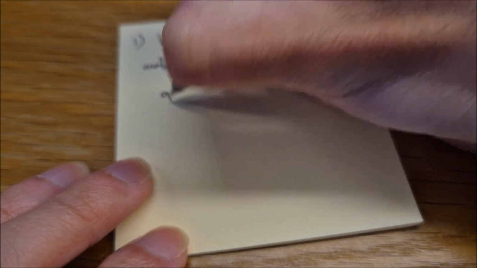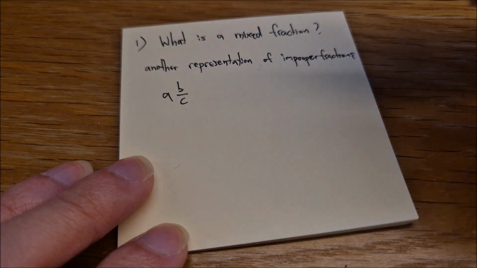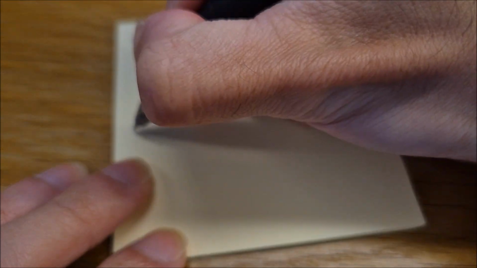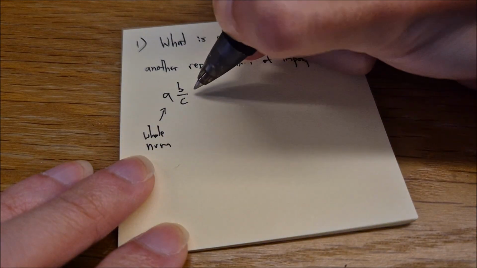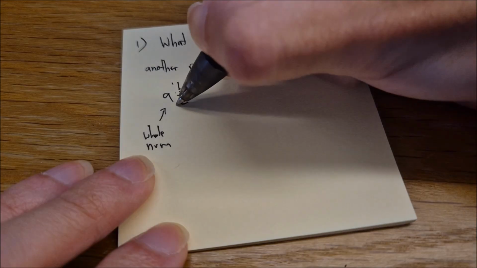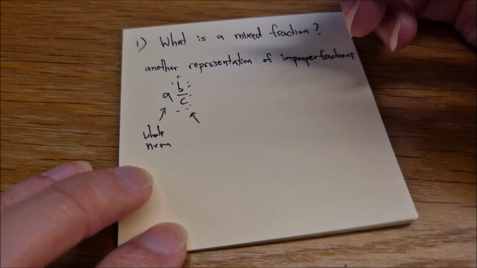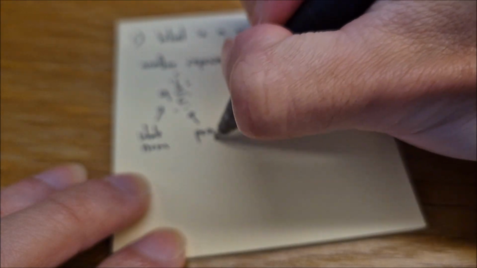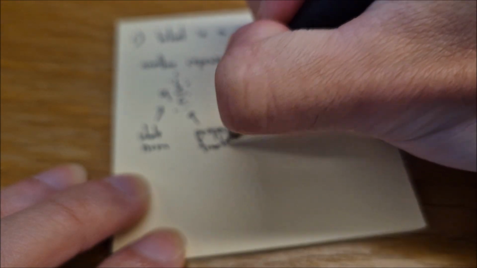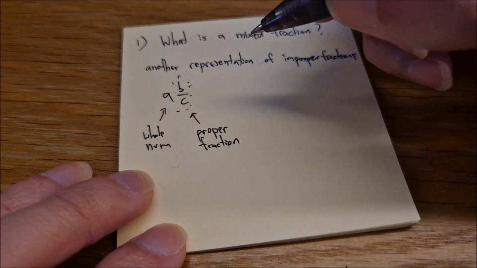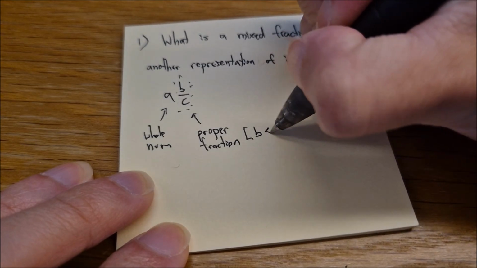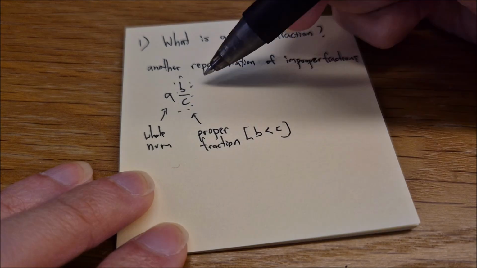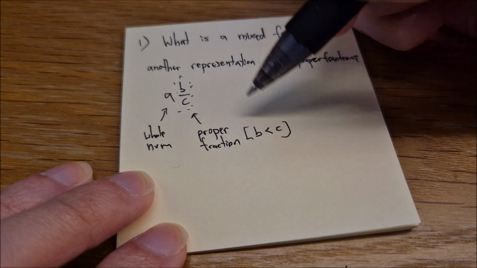So you could have A, then B over C, where A is a whole number and this B over C is always a proper fraction. And remember, proper fraction means that the numerator is less than the denominator. B is less than C.